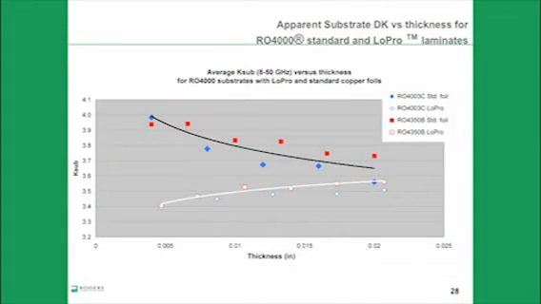And you can see as you go from 20 mil laminate to thinner laminates, the effective dielectric constant of the substrate increases from about 3.65 to 4. And with the low profile foil, it decreases from about 3.55 to about 3.4.